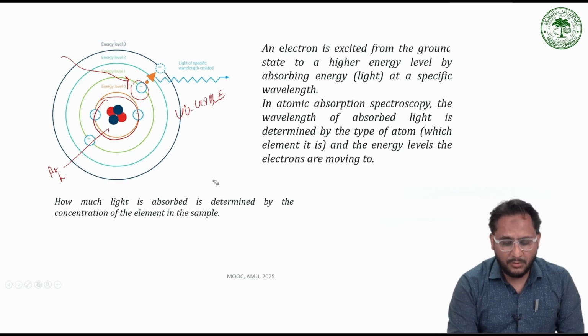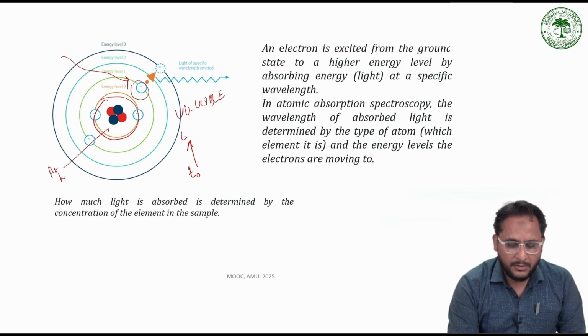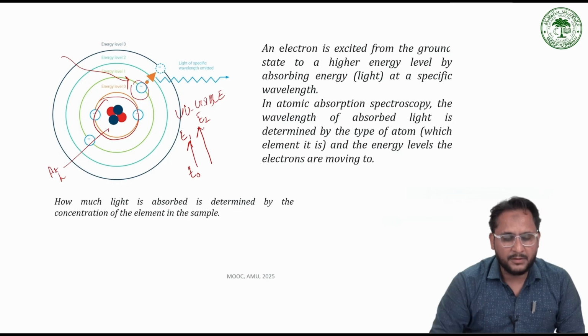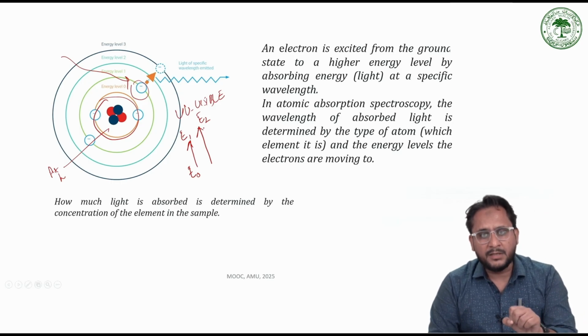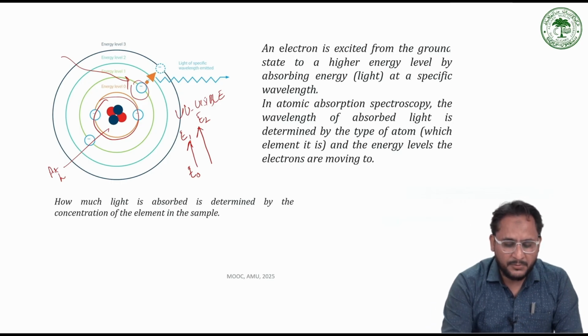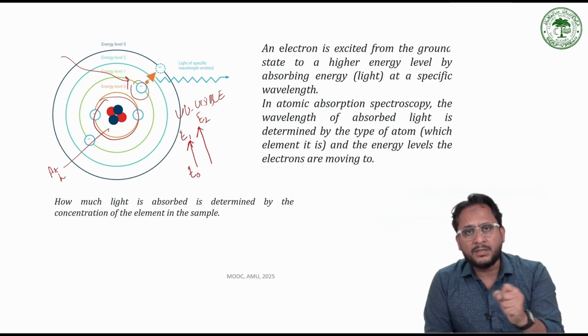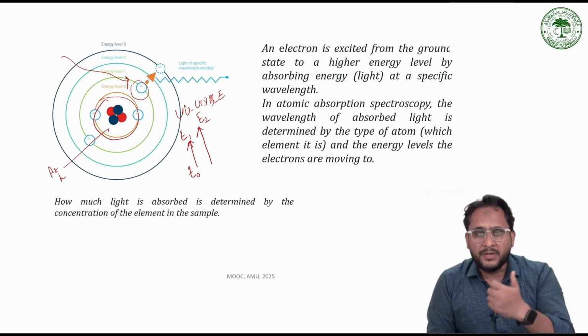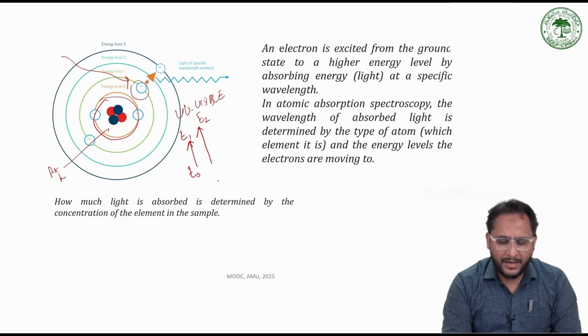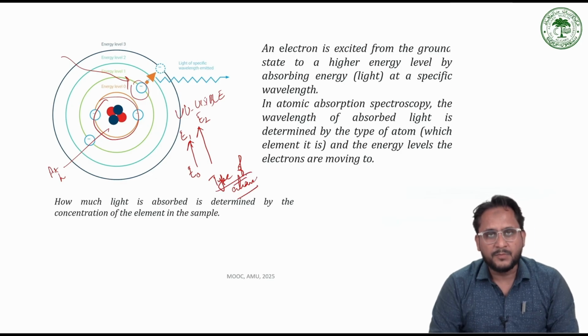Means from the outermost orbit which is filled, it is moving to the vacant orbit from E0 to E1, and it may also go from E0 to E2 by the absorption of energy. Then this wavelength is basically missing from the spectrum, and when our detector detects the transmitted light, based on this missing wavelength we can identify the type of atom, because each and every atom has its characteristic spectrum.